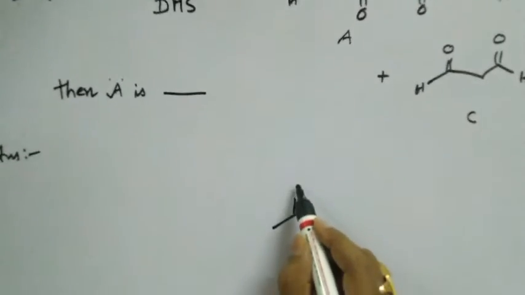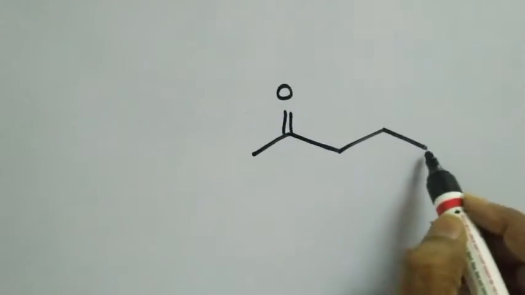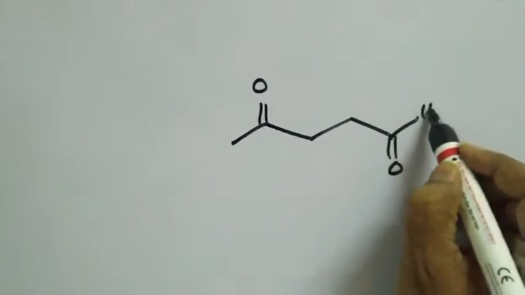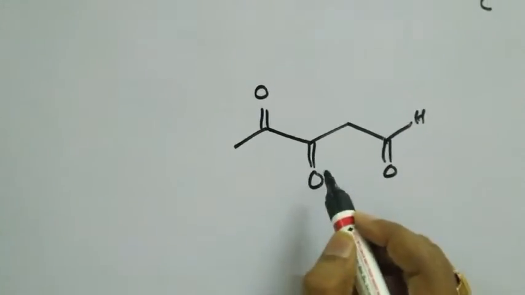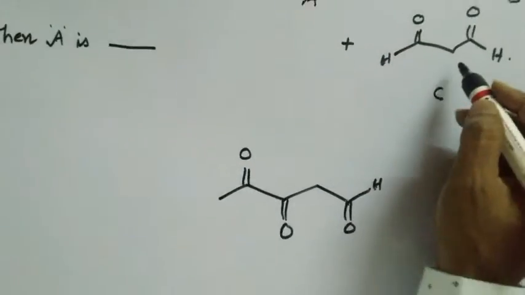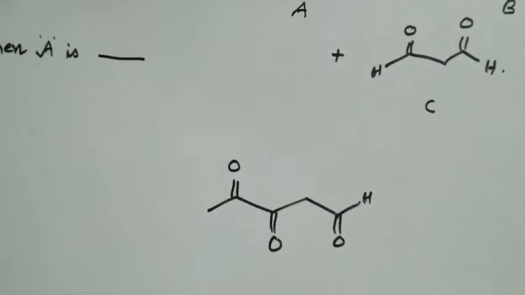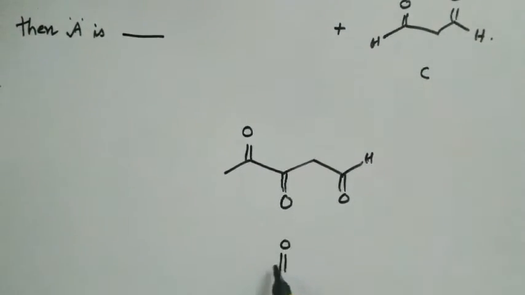I am taking A as it is. Structurally it is given like that, therefore I am taking it as it is, and I am arranging C here like this. You see, I am arranging such that both the oxygens face each other.